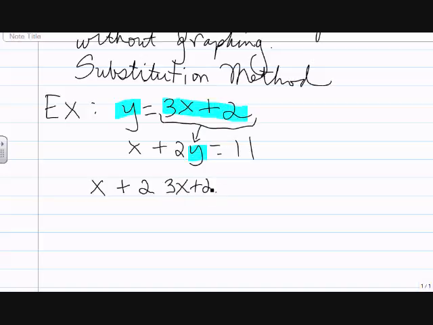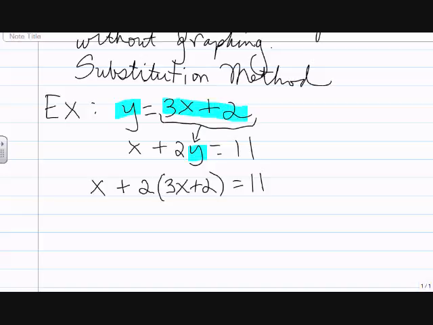But I don't want to write two numbers right next to each other, and that means 2 times y. So parentheses also mean times. Then I'll copy down the equals, then I'll copy down the 11. Now I have an equation that doesn't have x's and y's in it. It just has x's.